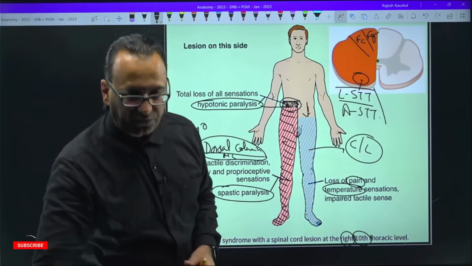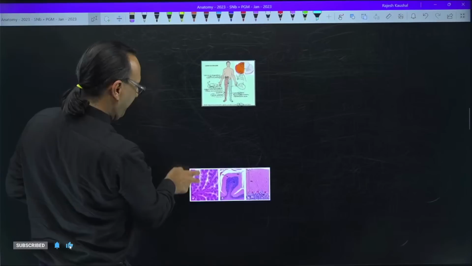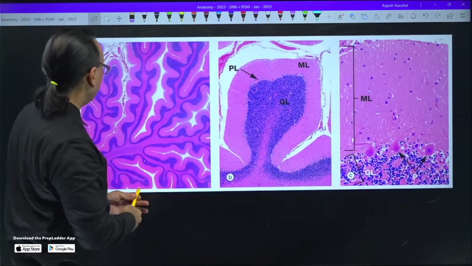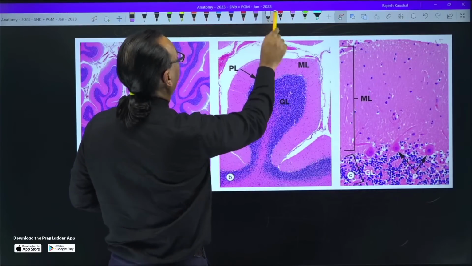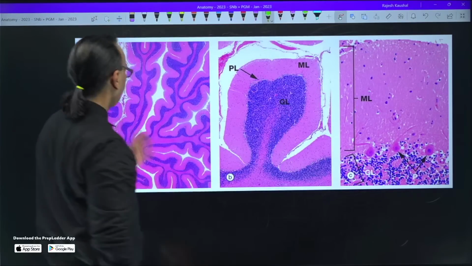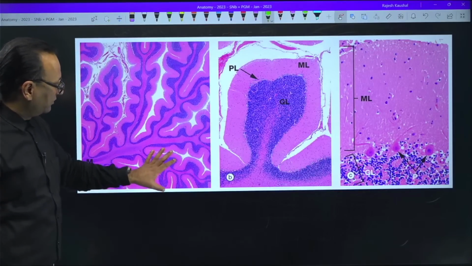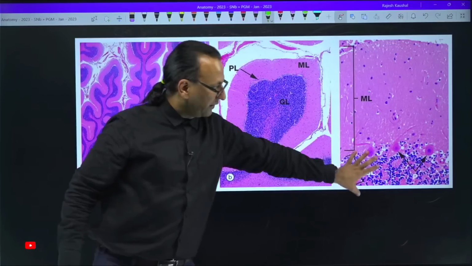Right. So let us move further and see. This is another topic which they continuously keep asking. What are you looking at right now? Your eyes must be trained, magnified, still magnified.